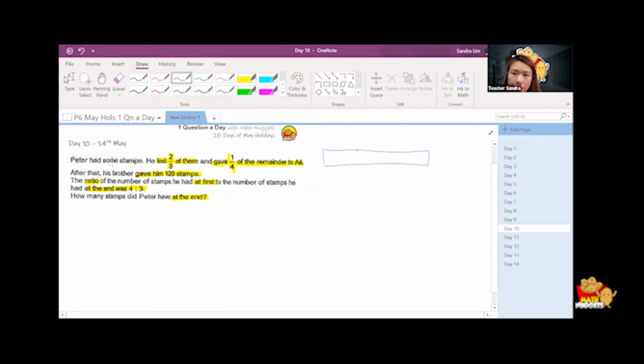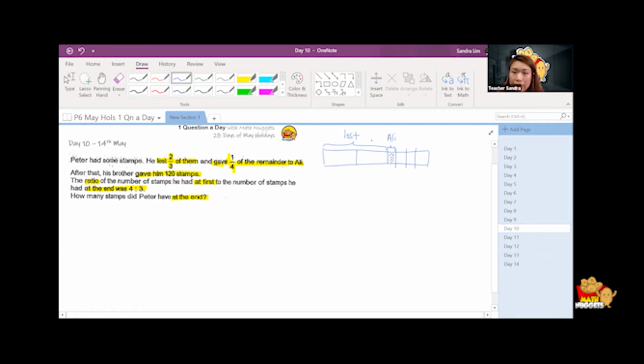So this is Peter. He lost 2/3 of them. So this one, let me indicate that this was lost, right? Now, then the remainder, 1/4 of the remainder, I'm going to have to cut the remainder into 4 parts. So 1, 2, 3, 4. Out of which, this one, 1/4 of the remainder, was given to Ali, yes?